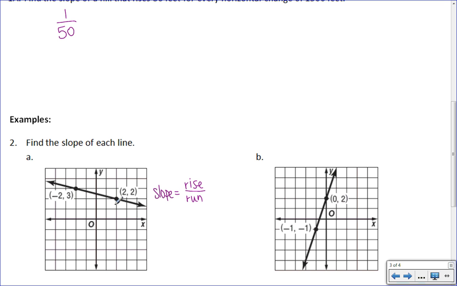However, most people, if you start at the point on the left, when you go down to calculate the rise, you'll remember that going down is negative. And then run from left to right will be positive. However, if you started at this point, your rise would go up, and then run would go to the left.